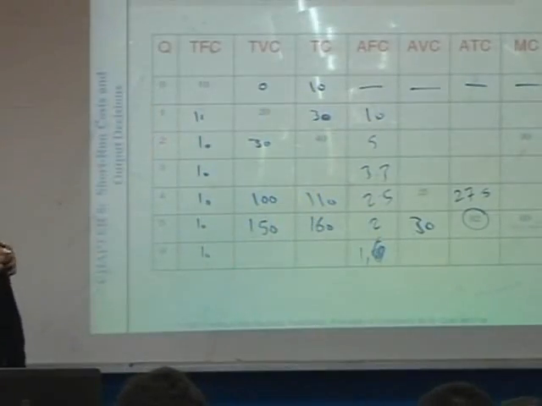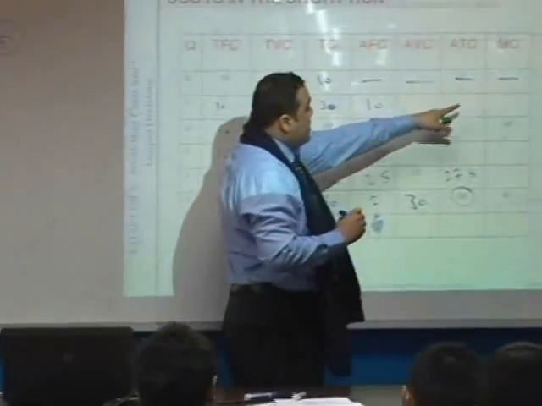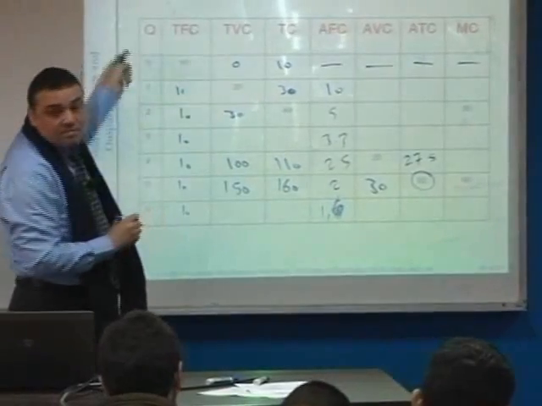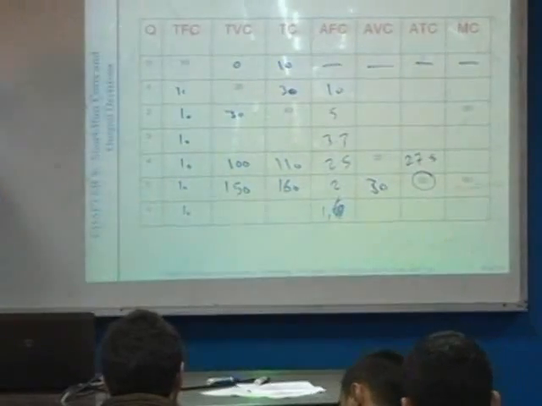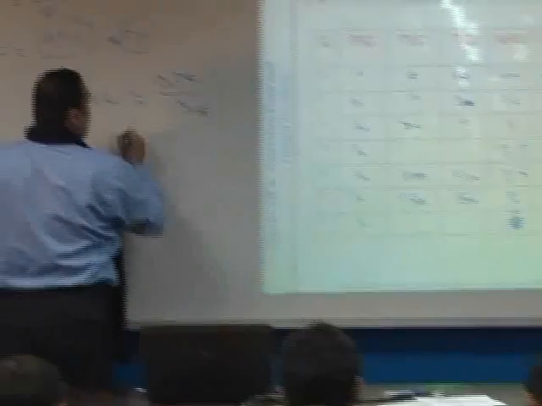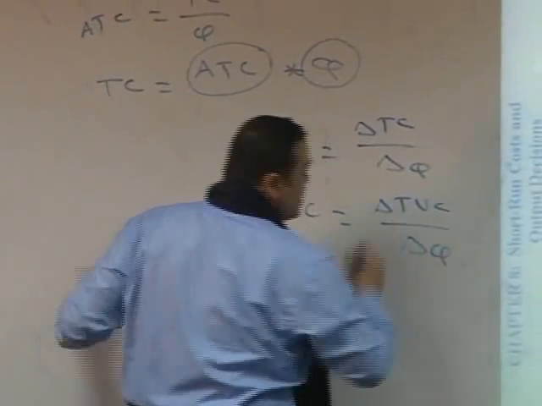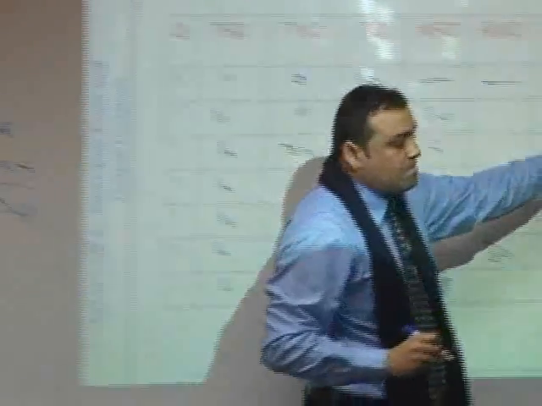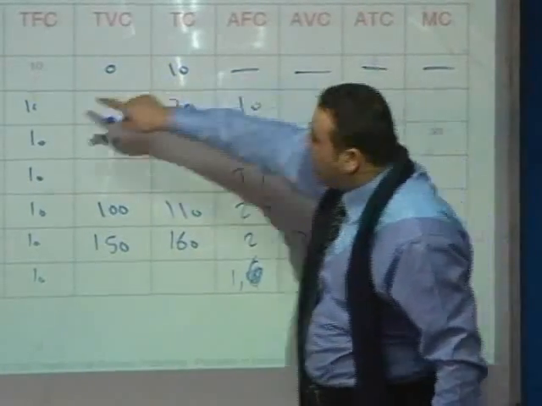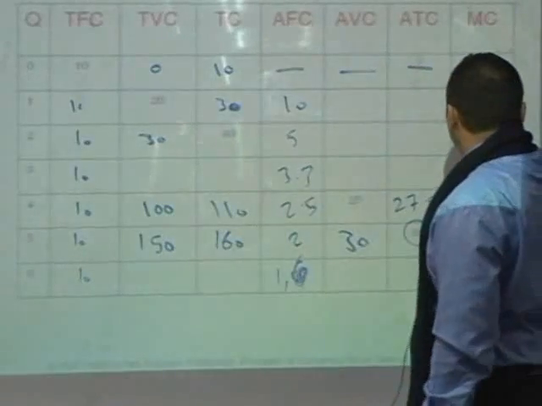MC. Yes, we can benefit from MC. MC equals delta TC or delta TVC over delta Q. As we mentioned, MC equals delta TC over delta Q, or MC equals delta TVC over delta Q. In the first case, delta TC, 30 minus 10 over 1 minus 0, 20. Right?